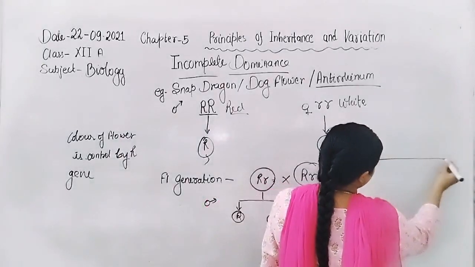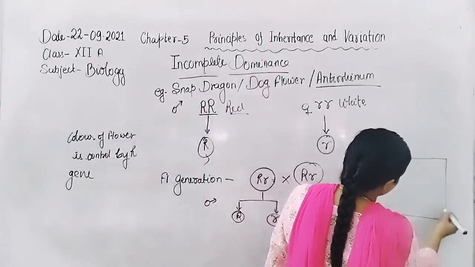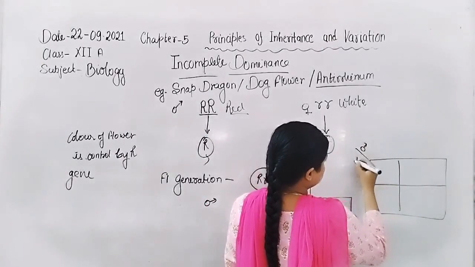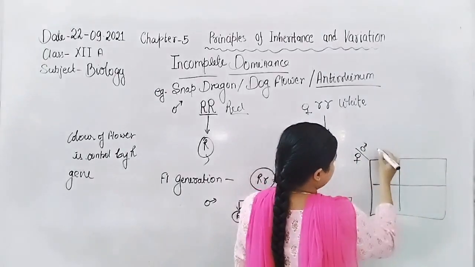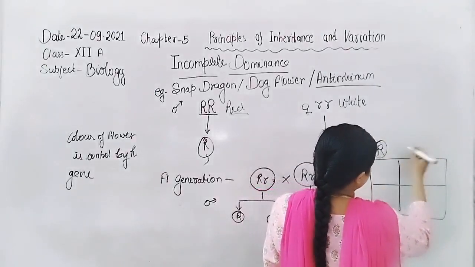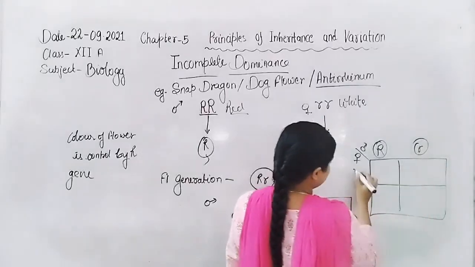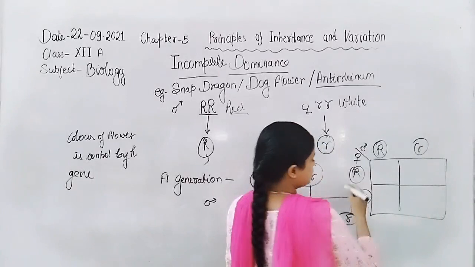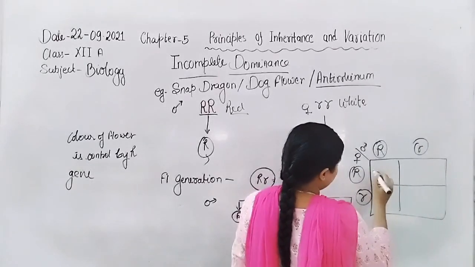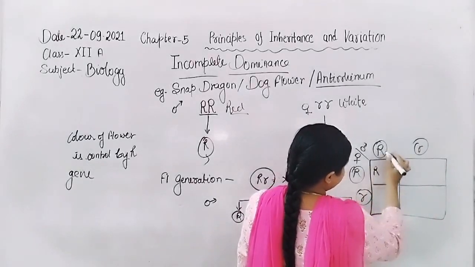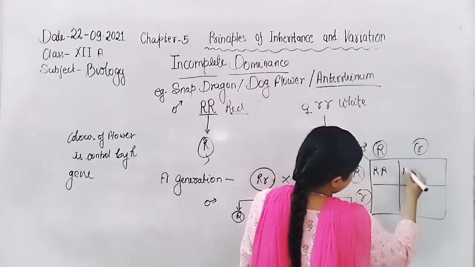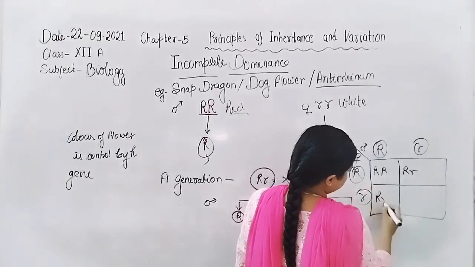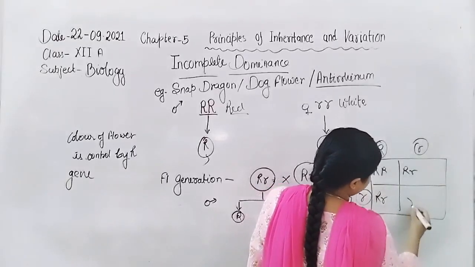We can also understand this with the help of a Punnett square or checkerboard. Here are the male gametes and here are the female gametes. Male gametes with capital R, small r, and here also capital R and small r. Fusion between such gametes will give capital R with capital R, capital R with small r, again capital R with small r, and small r with small r.